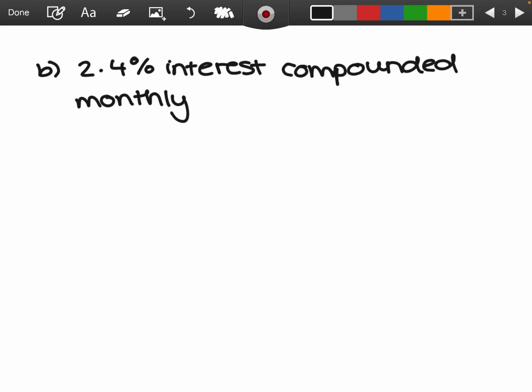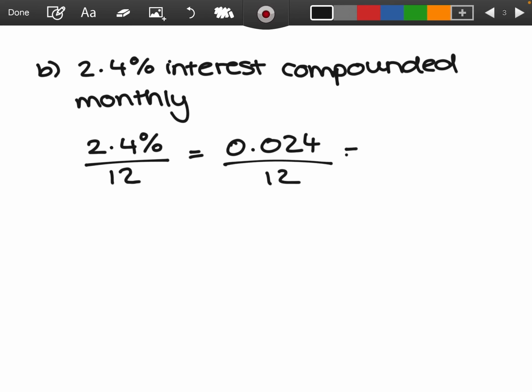I get interest on my money 12 times during the year because it happens every month. So, same thing again. I've got to figure out how much interest I get each month. Now, I know that my annual rate is 2.4%. So I take my 2.4% and figure out how much that would equate to per month. So I divide it by 12 because we've got this compounded monthly.